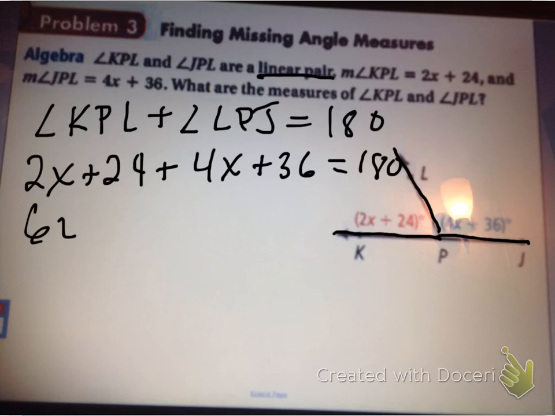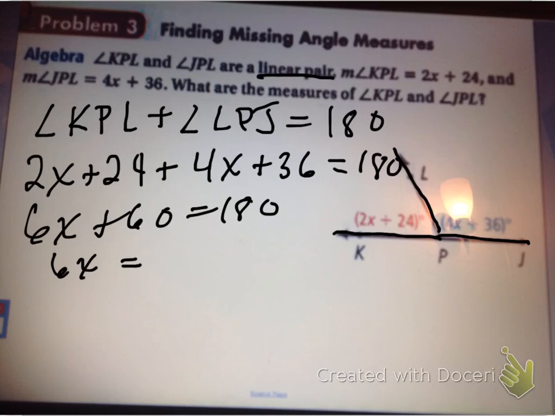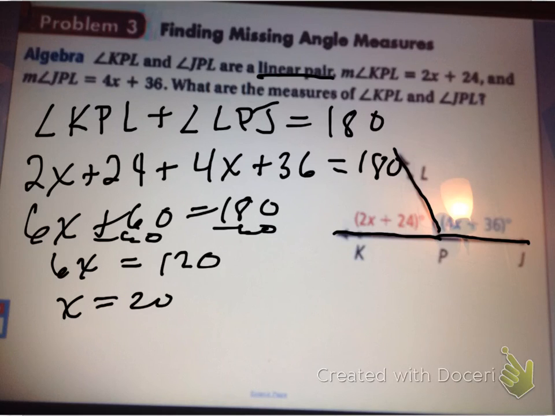Combining like terms, we have 6x plus 60 equaling 180. Subtract 60 from both sides, so we have 6x equaling 120, and so x is going to equal 20. So that's step 1, define what x is.